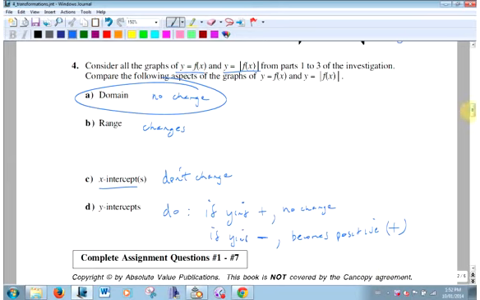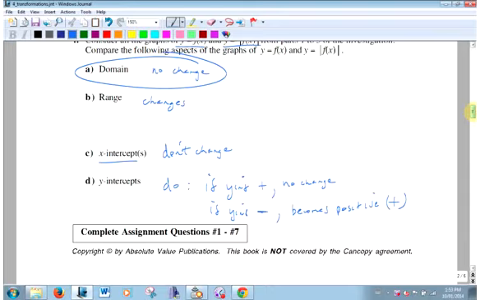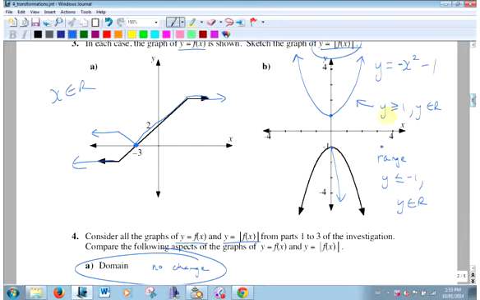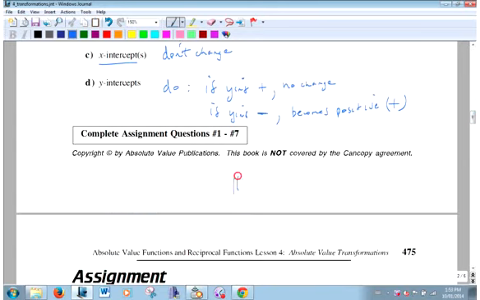Visually, just have a look. That's what we've been doing. This y-intercept was right there. It was negative. Now it became positive. That's all you have to do.